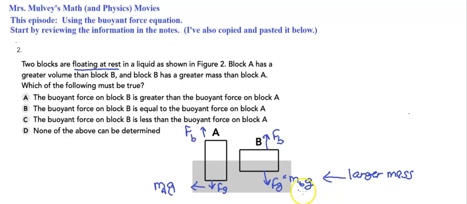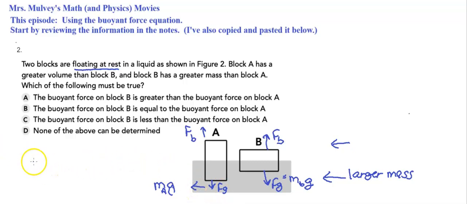Therefore, this one has a greater downward force. And since the downward force equals the buoyant force, that upward buoyant force, that means this one also has the greater buoyant force.